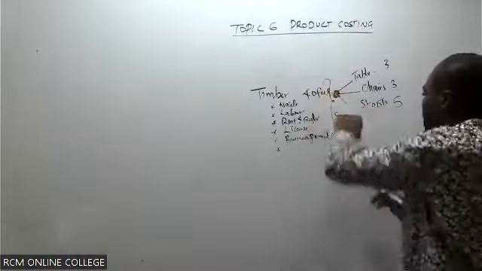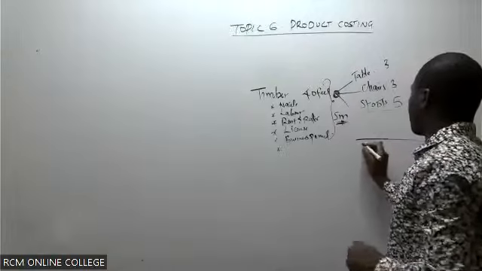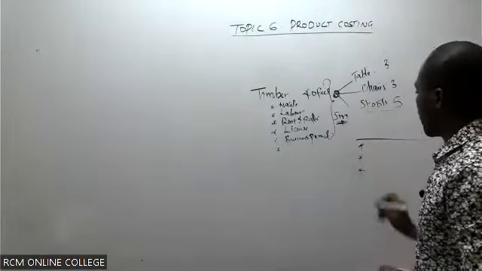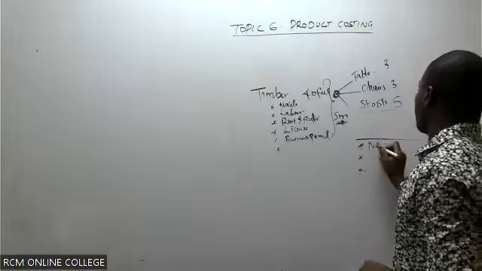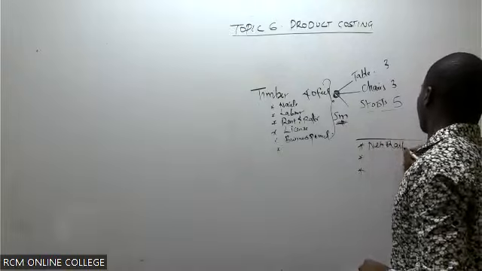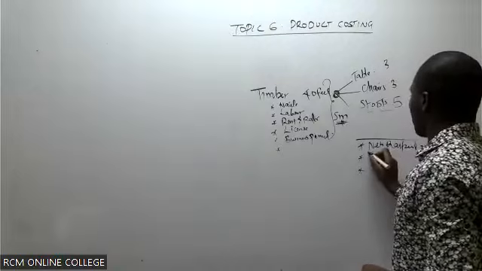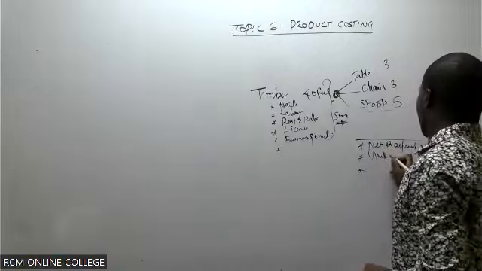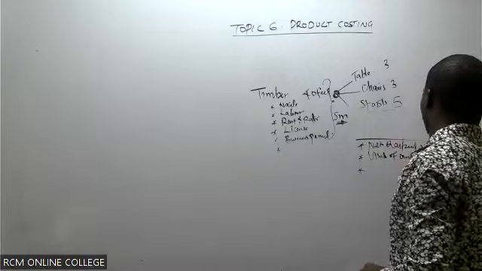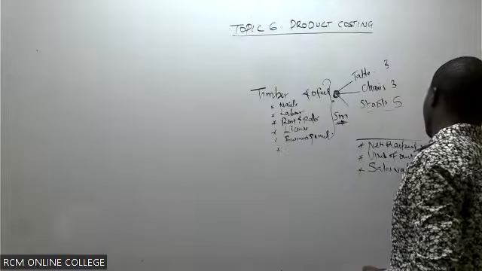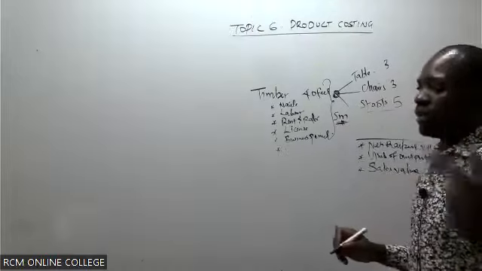For us to understand that, we have these bases for the allocation of the cost. We can use net realizable value. We can use units of output. Then we can use sales value as the allocation basis.